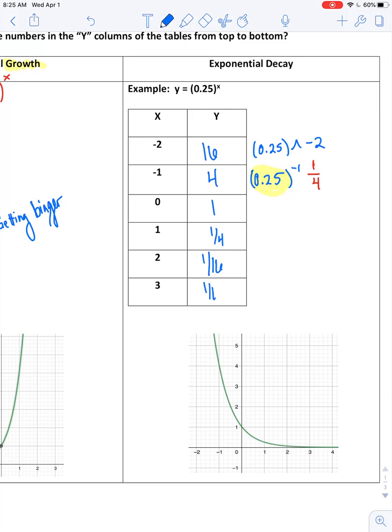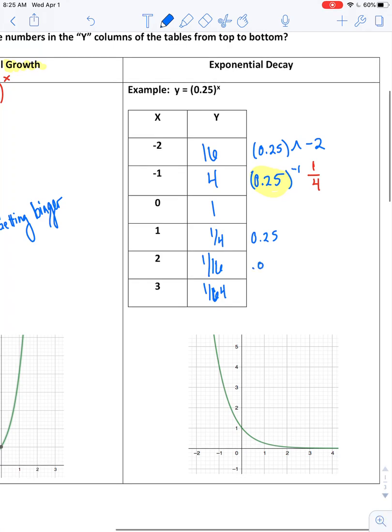So we got 1/4 or 0.25, 1/16, 1/64. And of course, if you want to do decimals for these, that's just fine. I'm going to fill those in really quickly here.